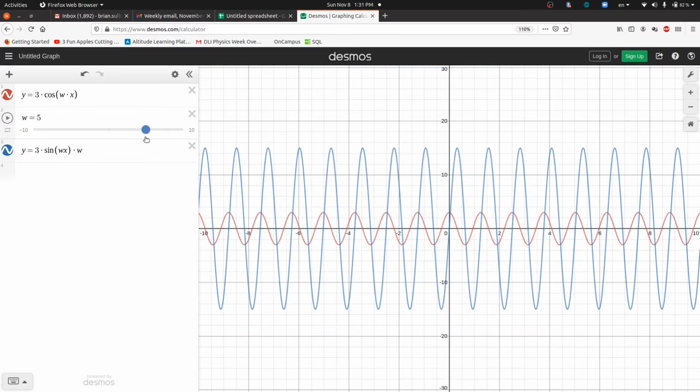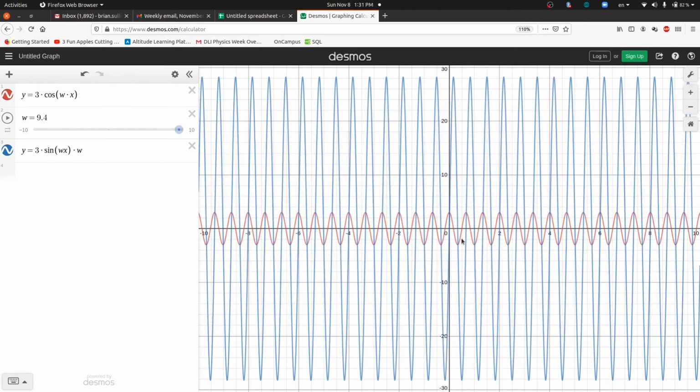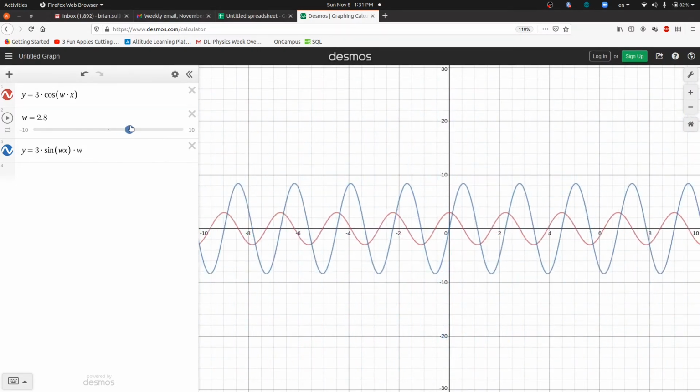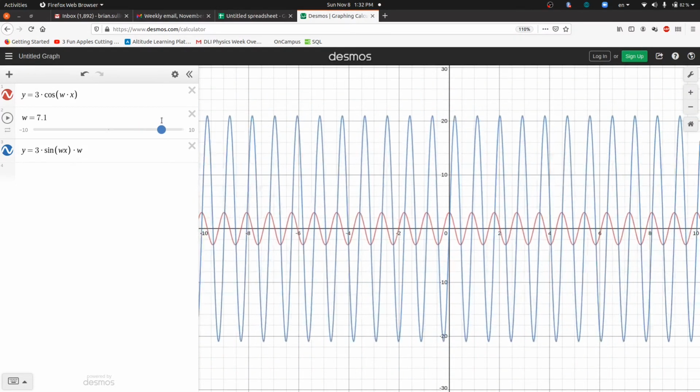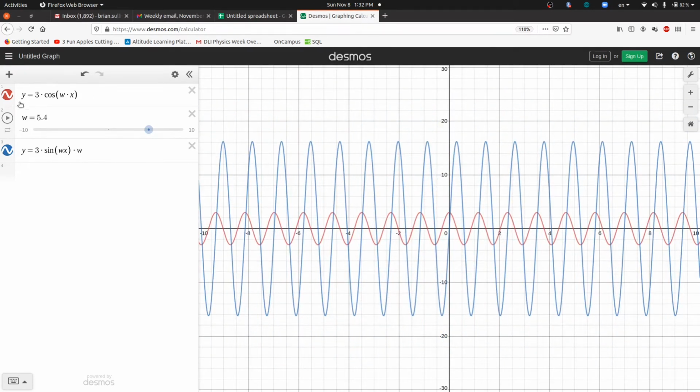So notice as I change w, I'm making more oscillations per second in the red function, and that means I have a faster rate of change. We can see that with our spring system. Faster rate of change for the velocity. And the peak velocity has to increase. So our red function here is representing the position, blue function is representing the velocity.